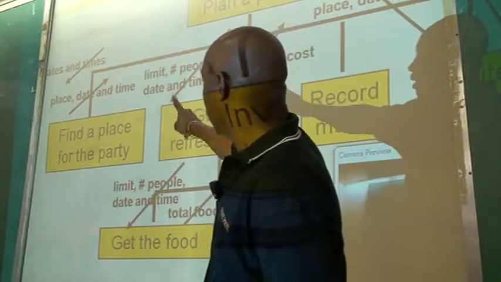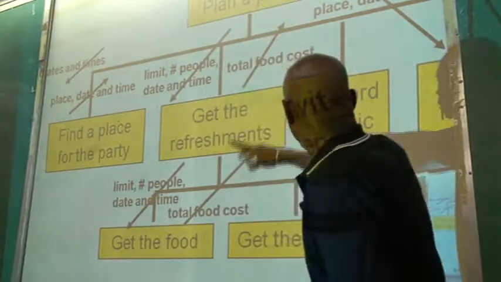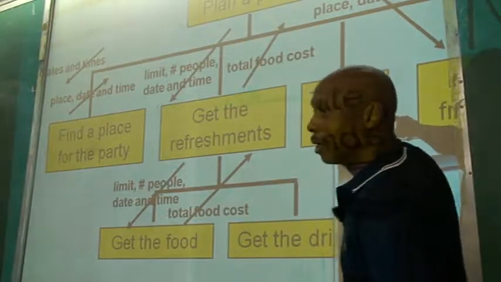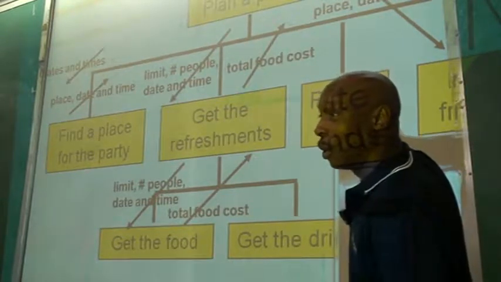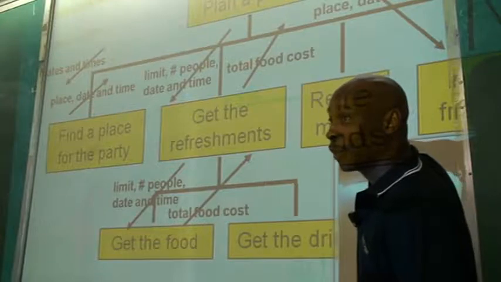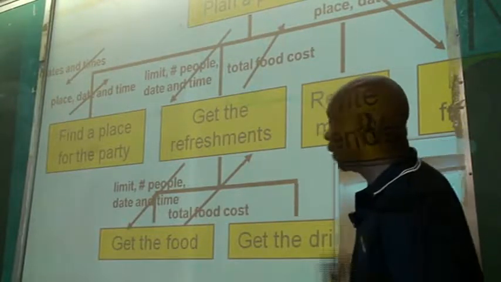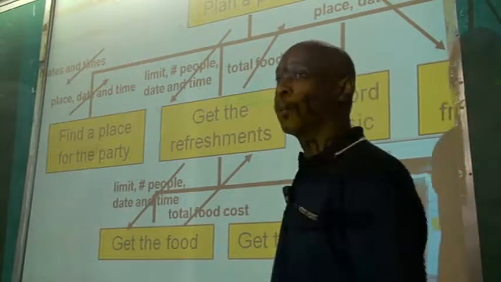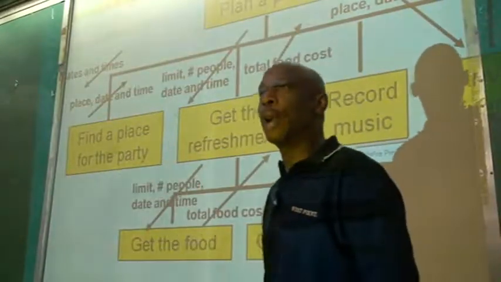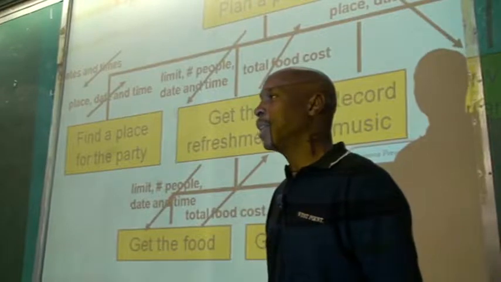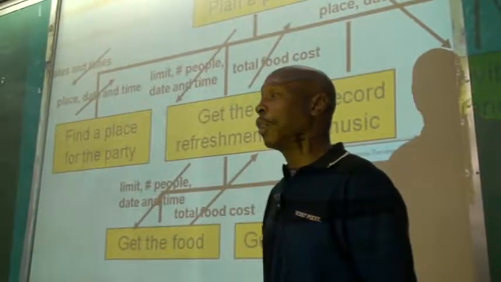And if you look at the record music, I don't have any on the structure chart. But you will need to make up some input information that's necessary for recording music. And that just gives you a start. Can anybody give us perhaps some ideas of what might be the necessary information that someone would need to start recording music?